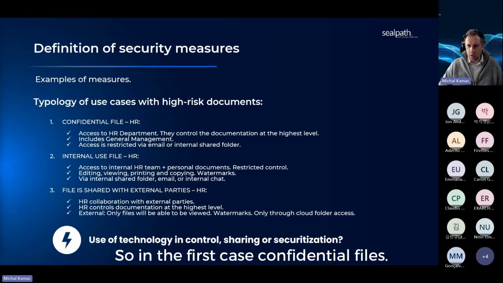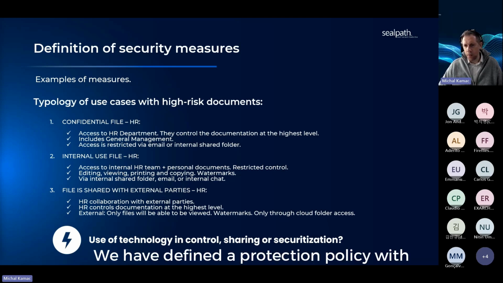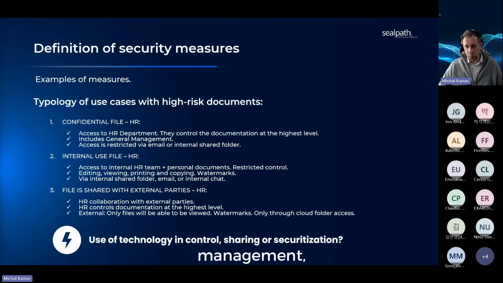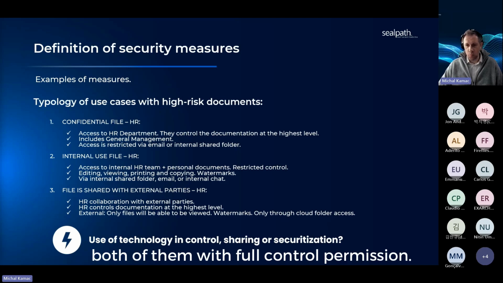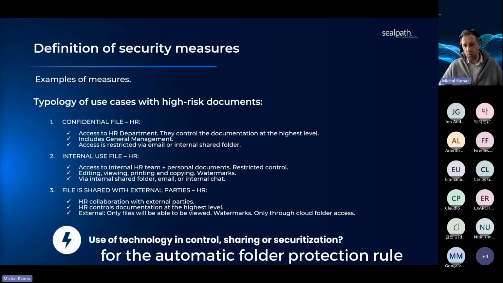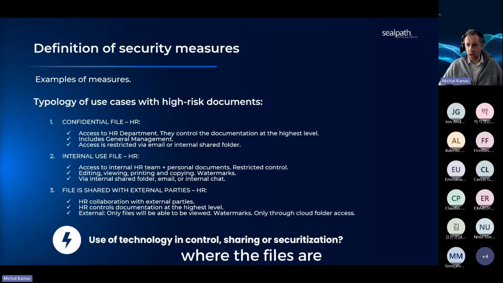So in the first case, confidential files, we have defined a protection policy with access only to HR management and general management, both of them with full control permission. Once defined the policy, we have proposed and implemented an automatic folder protection rule where the files are located.